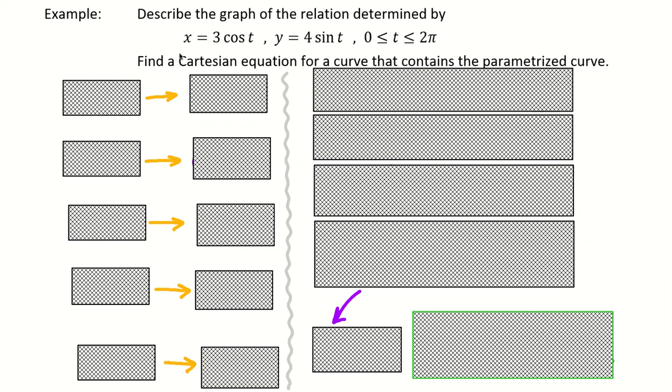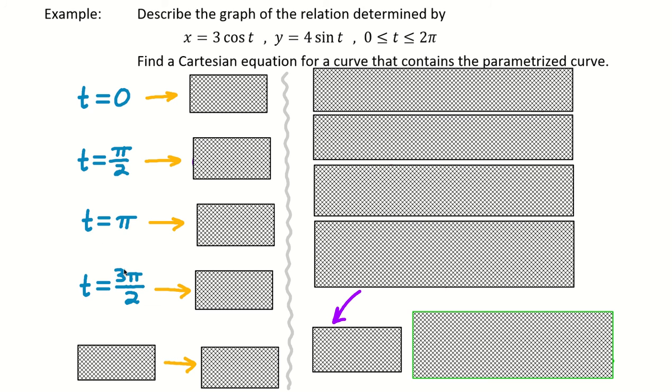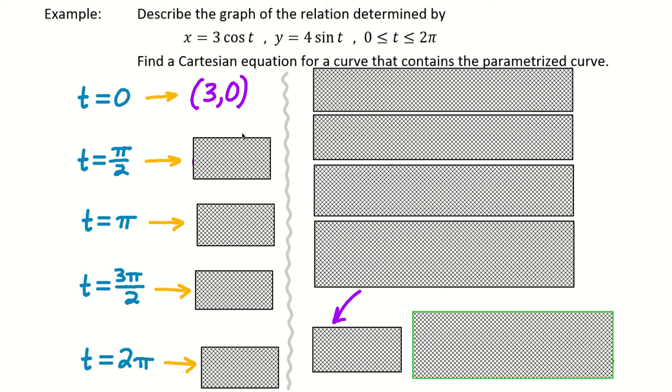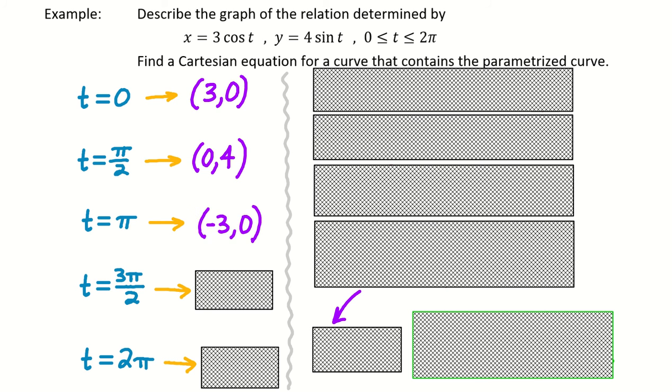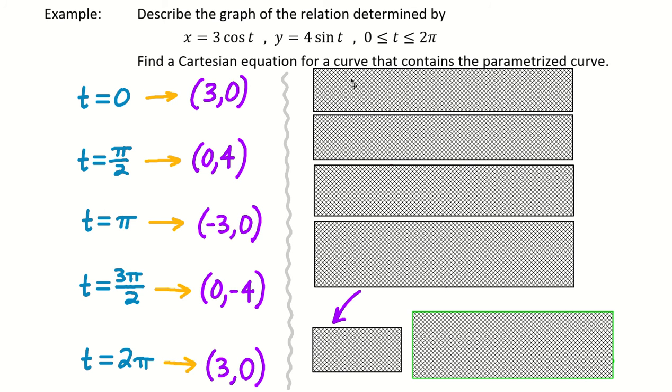So the next one, more trigonometry. But first, all of this business. So are we doing 0 to 2 pi again? Yes, we are. And so it looks like we get 3, 0, and so on.